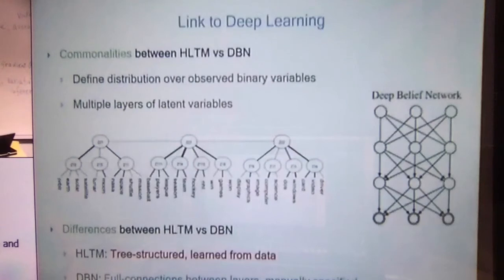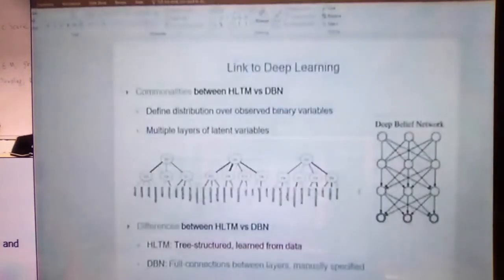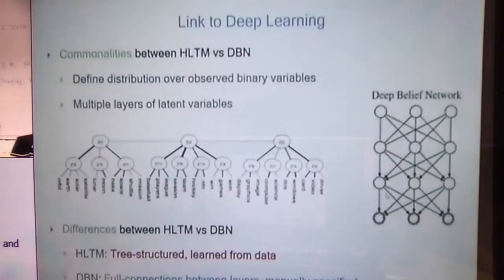If you look at them, they are quite similar in that they both define distributions over the observed variables, those observed units here, and they both have multiple layers of latent variables. Of course, the differences are also obvious. One is tree structured and is learned from data. The other is fully connected between layers and manually specified.